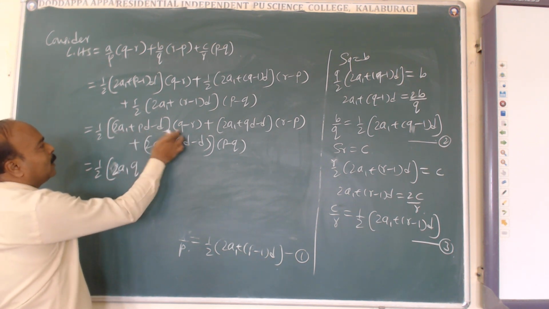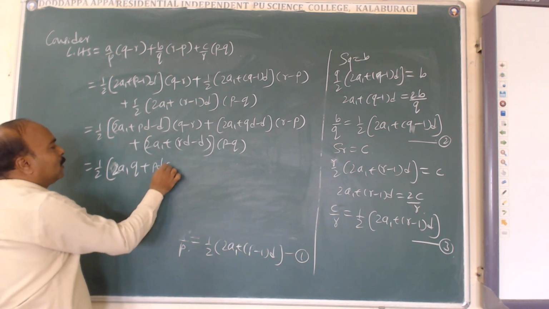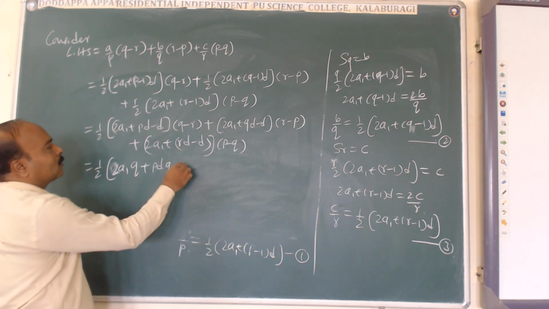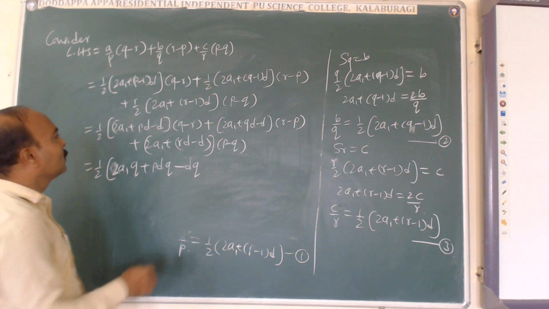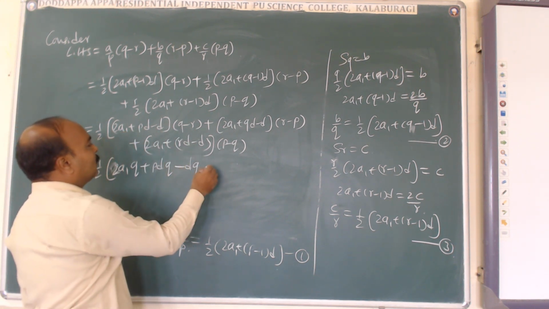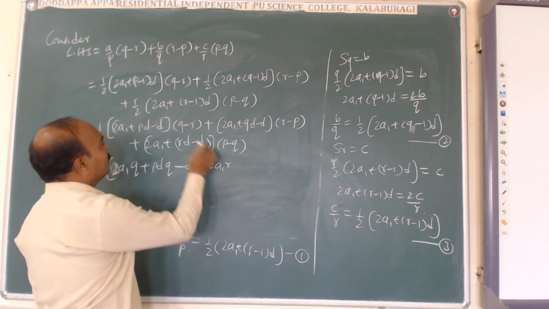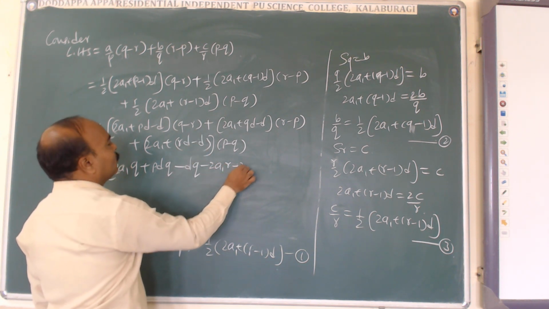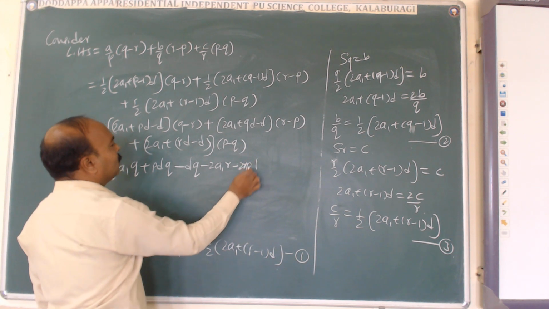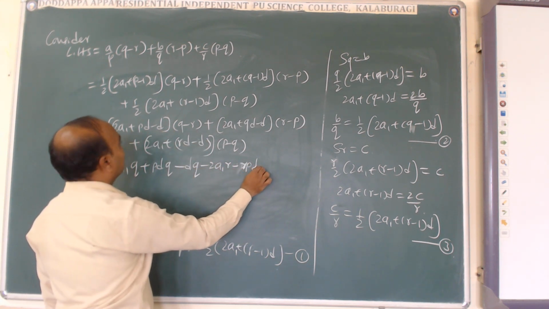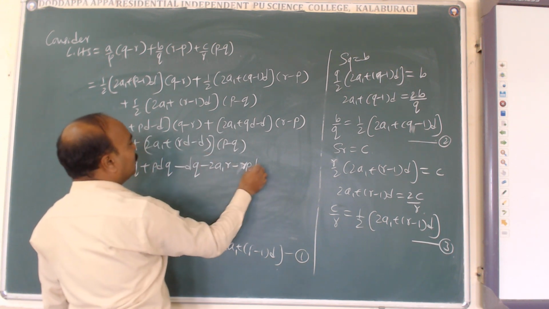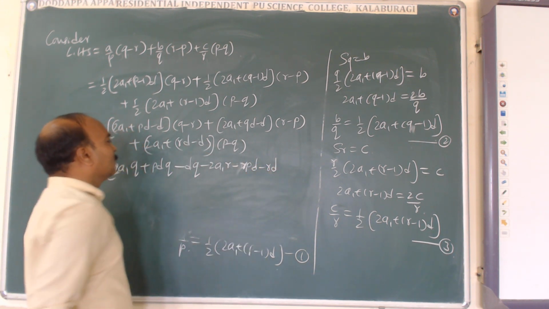2A1 pd into q, plus pdq we are getting, minus d into q, dq we are getting. Next multiplying r by minus r: minus 2A1 r, minus r into pd. Next r into d, minus rd.